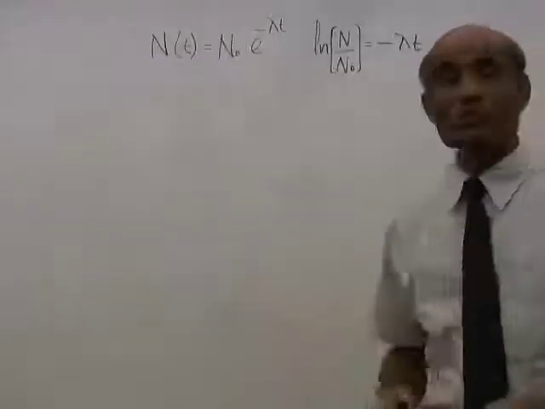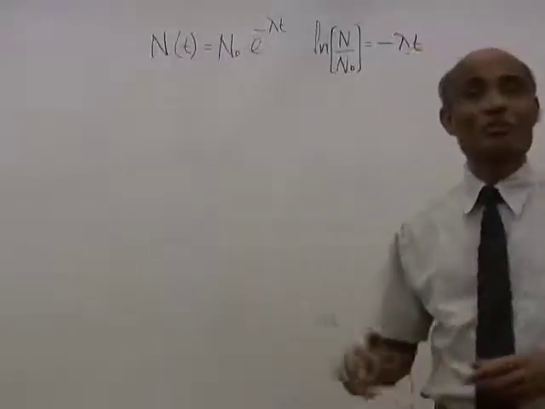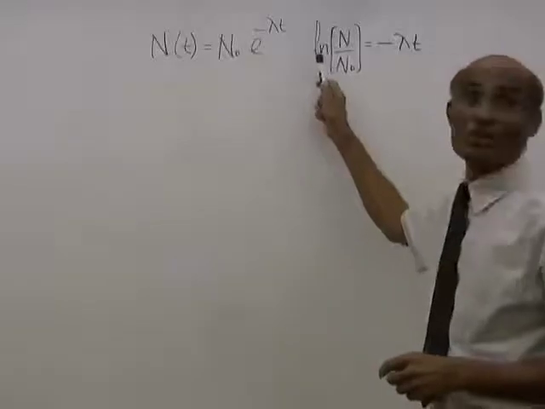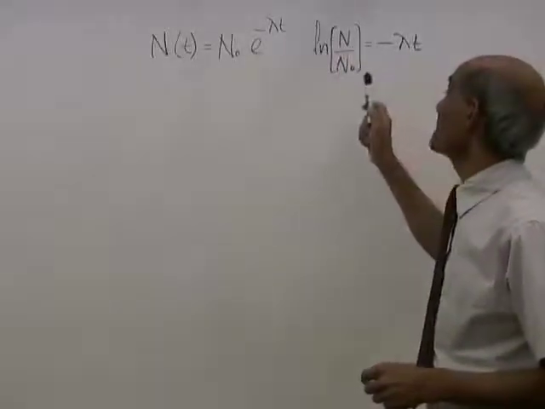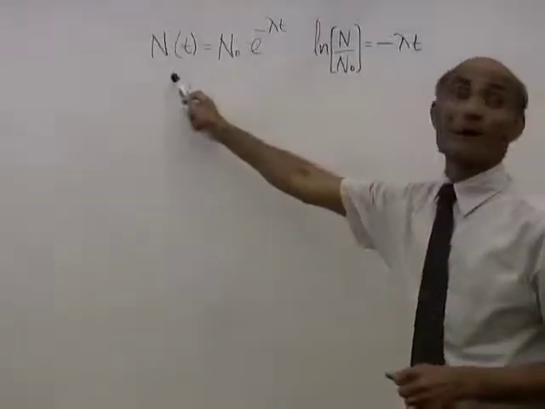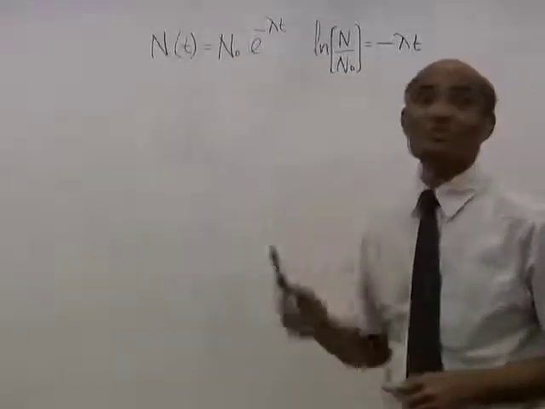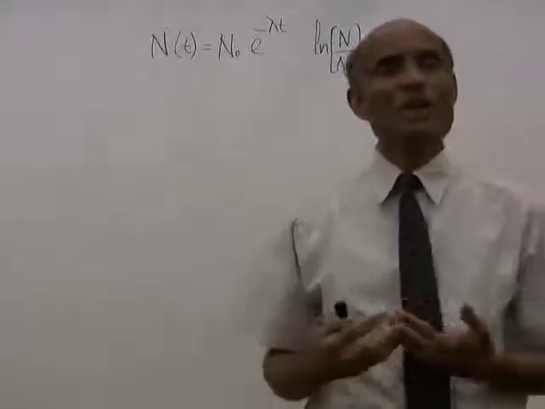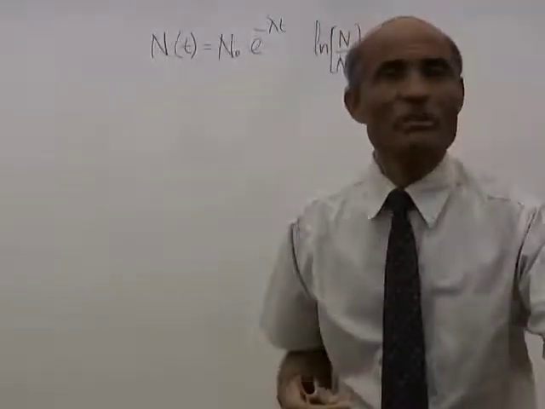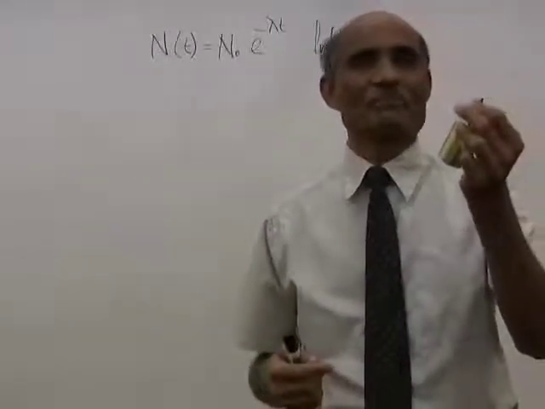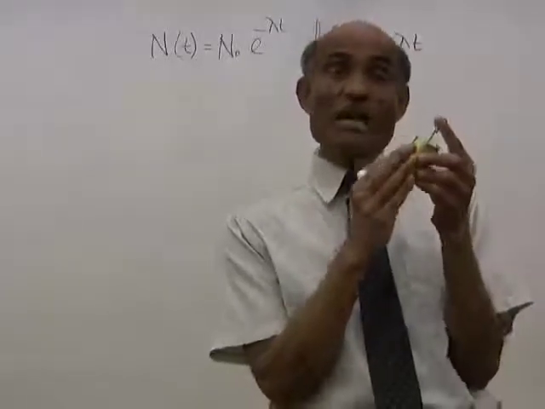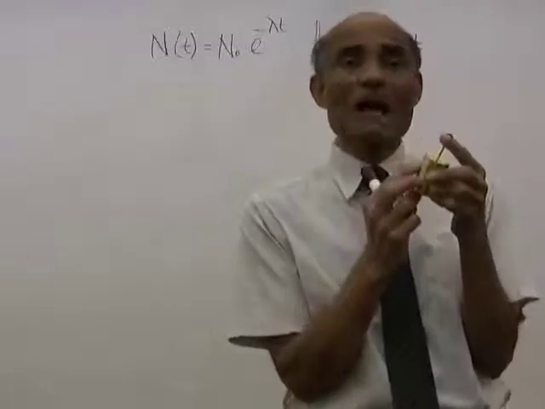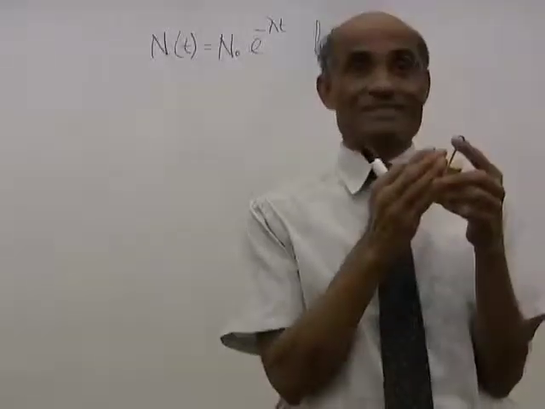These are the two basic equations we talked about so far. Remember this equation? ln n over n0 equal to negative lambda t. And this led to this equation. Now, what is the meaning of half-life of a radioactive sample? We said this contains n0 radioactive atoms when we started.